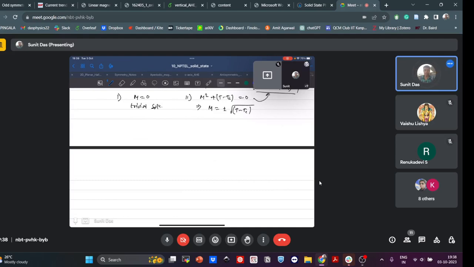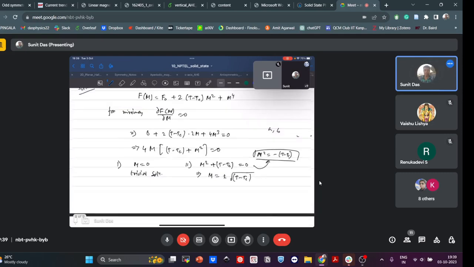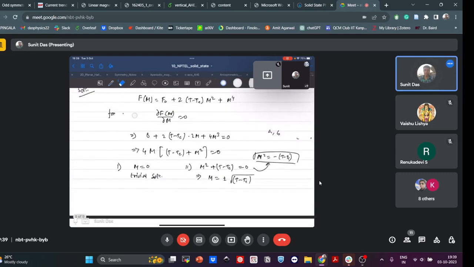Now we need to find minima. This was the extrema, right? If we strictly say, this is the condition for extrema, that can be minima as well as maxima.